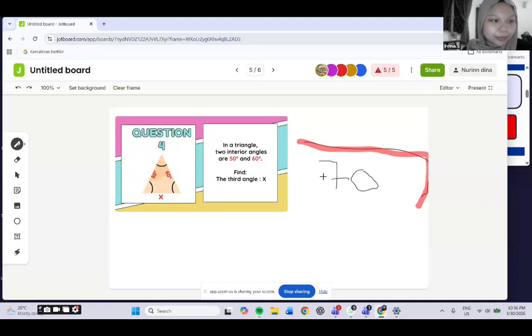See the chat box. If you have trouble writing on the board, I think you can type your answer in the chat box, and then I will write it on the board for you, so everyone can see.